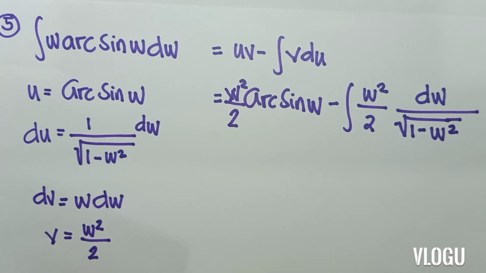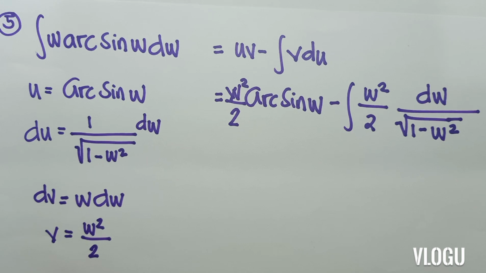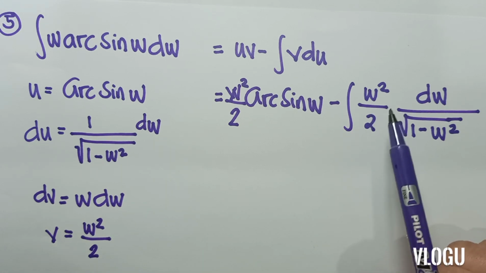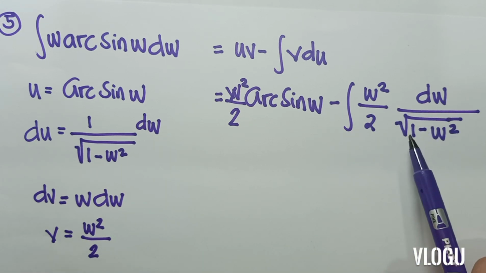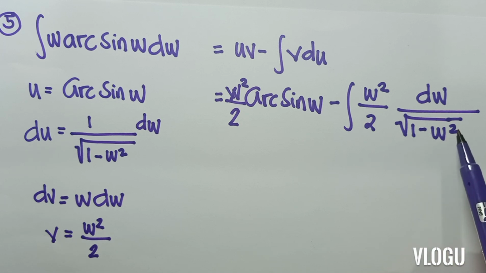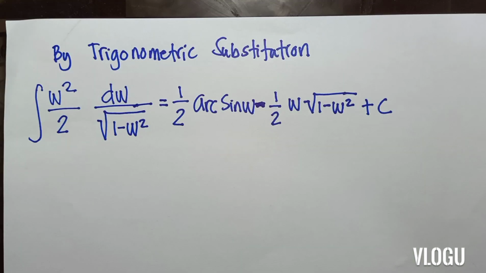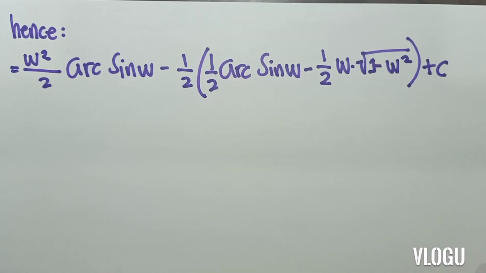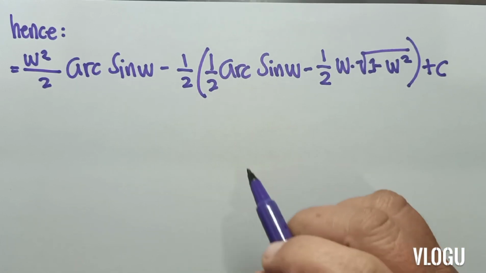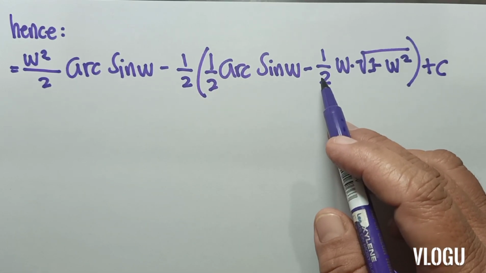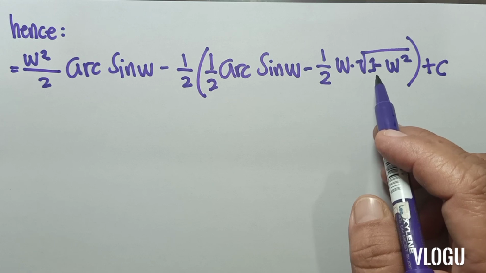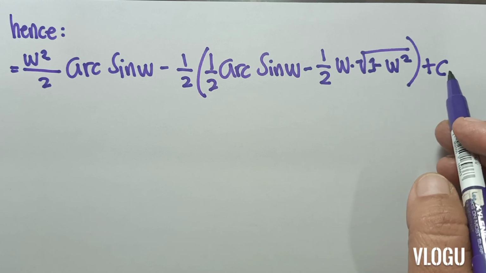We have derived now the answer for the integral of w squared dw over the square root of 1 minus w squared by using trigonometric substitution. Hence, w squared over 2 arc sine w minus 1/2, then 1/2 arc sine w minus 1/2 w times the square root of 1 minus w squared plus C.